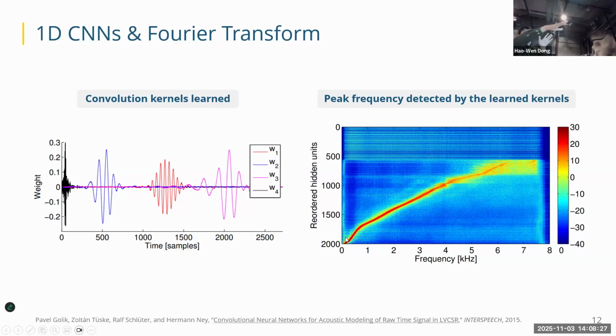You have a bunch of these kernels and you just plot where they are. The first one detects this frequency, the second one detects this frequency, all the way until it reaches somewhere here, where 8K is the maximum because you are doing 16K hertz modeling here. You can see that this is essentially a Fourier transform. You have different convolutional kernels, each handling a different frequency.